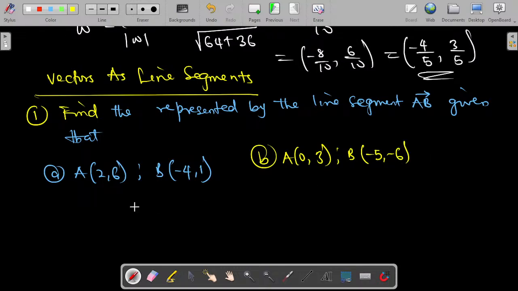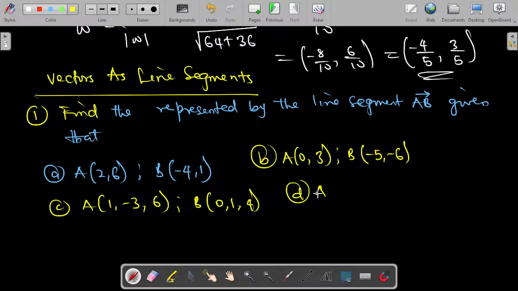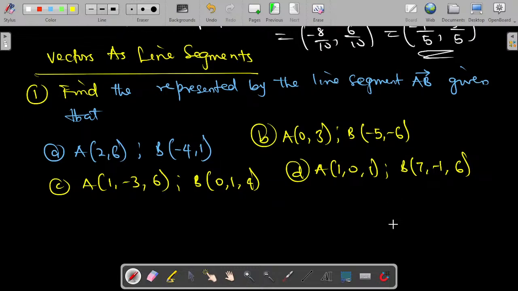Let's say C is A equals minus 3, 6, and B is 0, 1, 4, and then let D be A equals 1, 0, 1, and B equals 7, minus 1, 6. I'm going to show you why I decided to bring these examples. Okay, so let's go on.